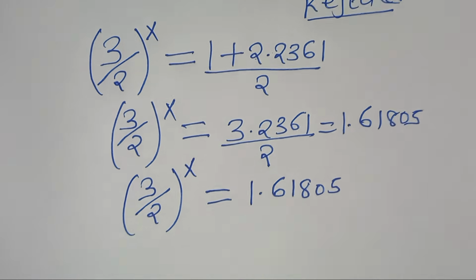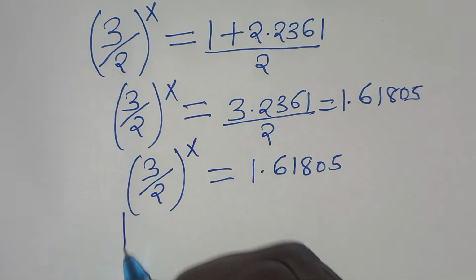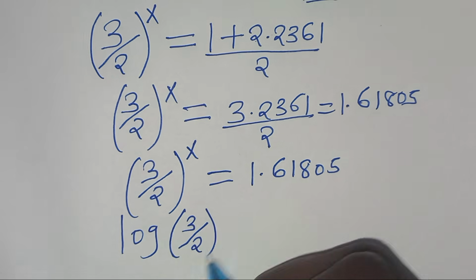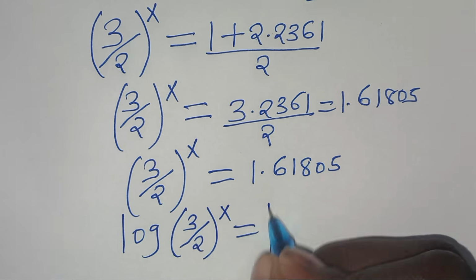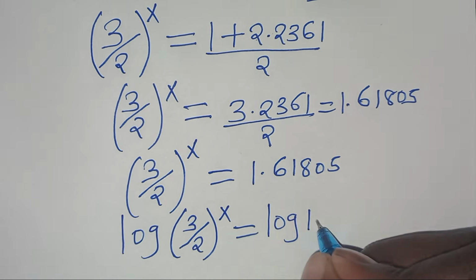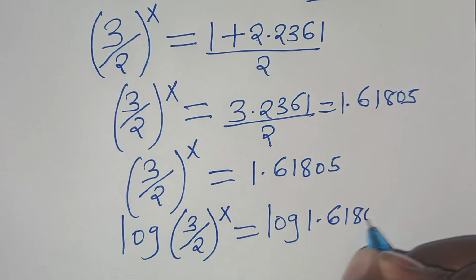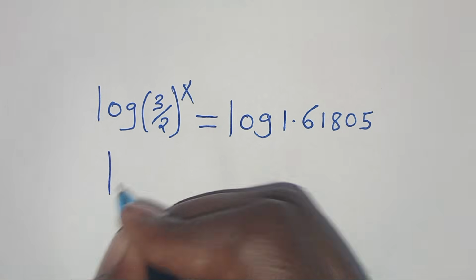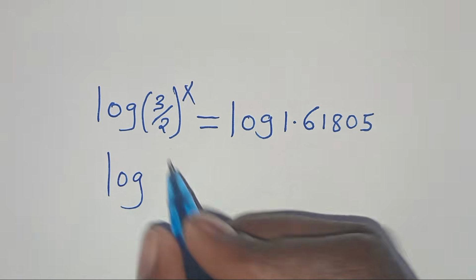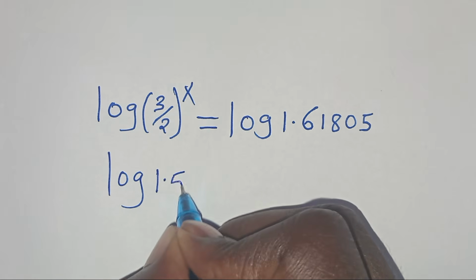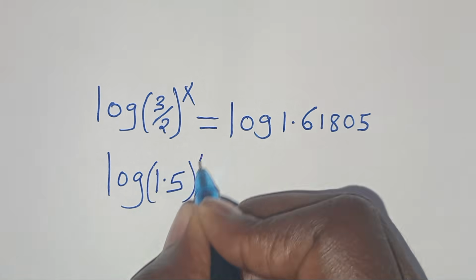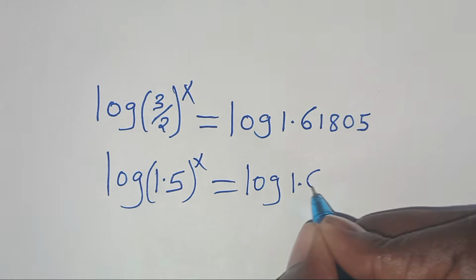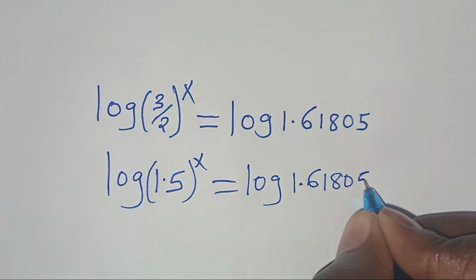So for x here, let's introduce logarithm on both sides. We have log of (3/2)^x equal to log of 1.61805. So here we have log of 3/2, this is 1.5, raised to the power of x, equal to log 1.61805.